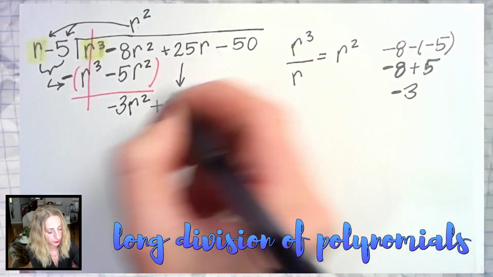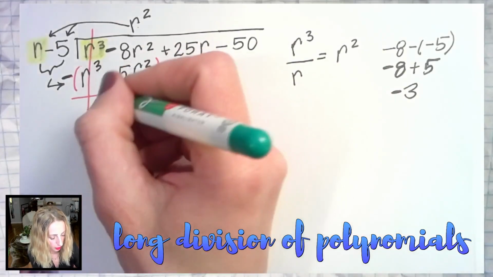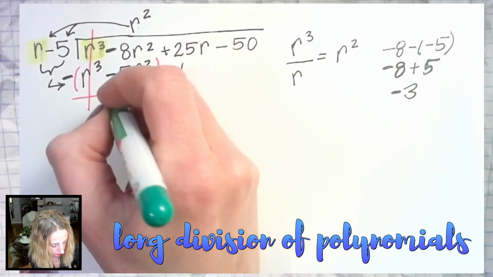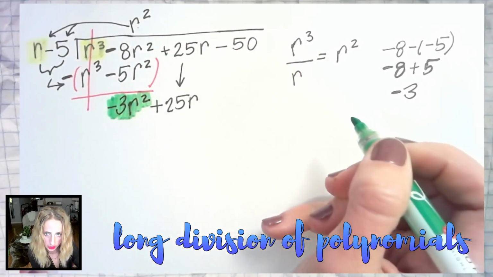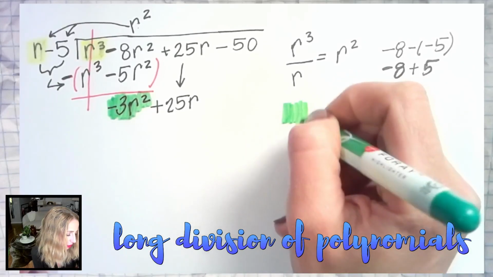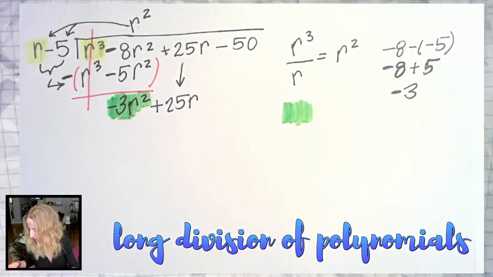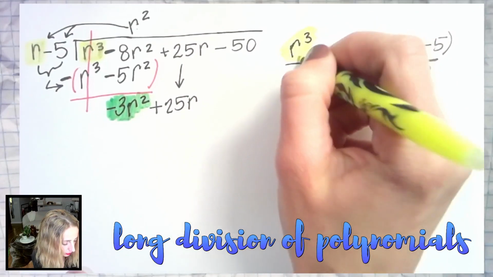This right here is a binomial, as it should be, because it should match the number of terms right there. Now we take our new leading term. Here it is, negative 3r squared. Negative 3r squared is going to get divided by the r on the outside.